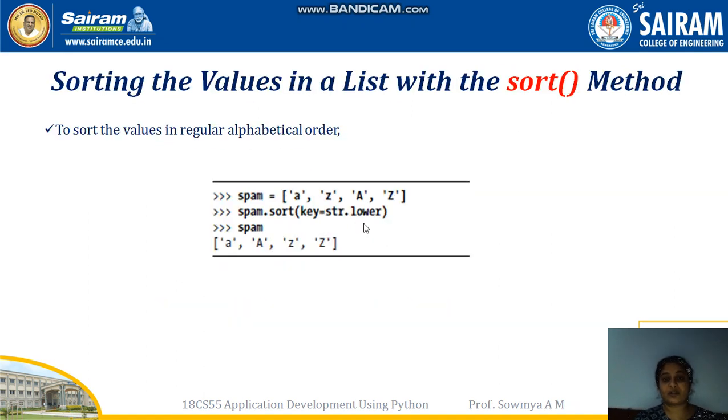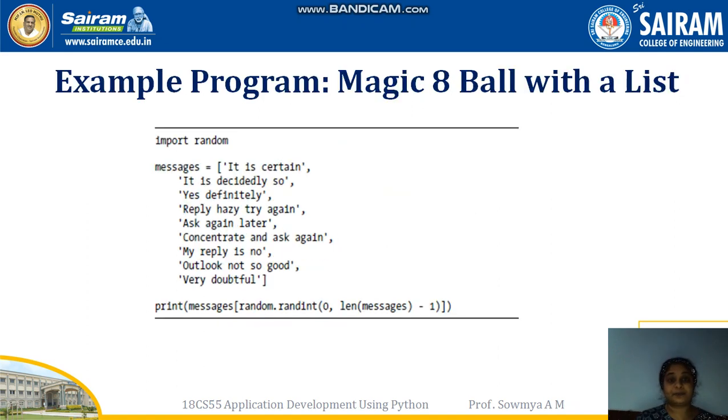It sorts the values not with respect to capital or small letter, but with respect to alphabetical order. And if you have small a and capital A together, then it takes small a first and capital A next, and then z and capital Z and so on.